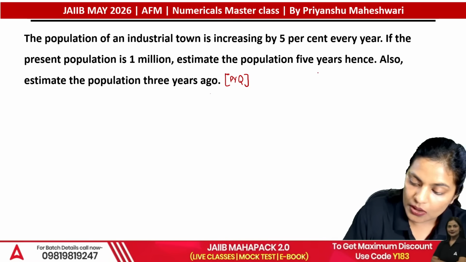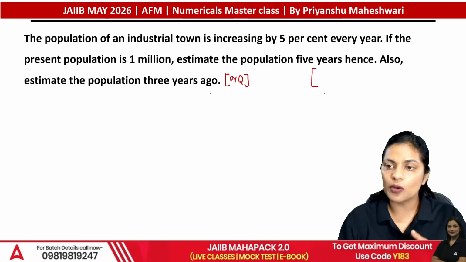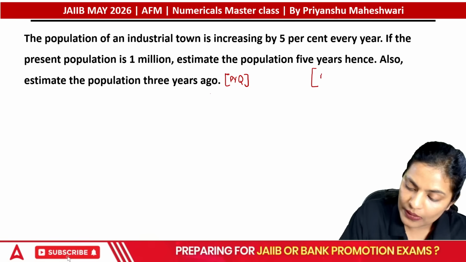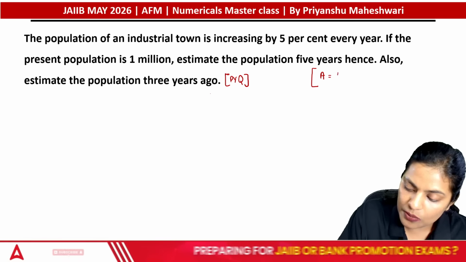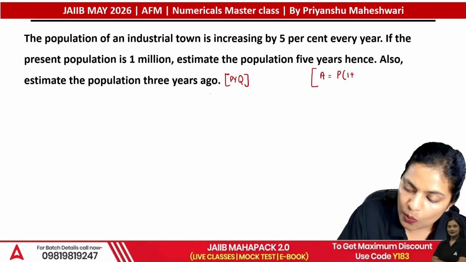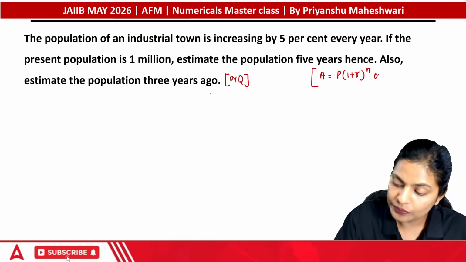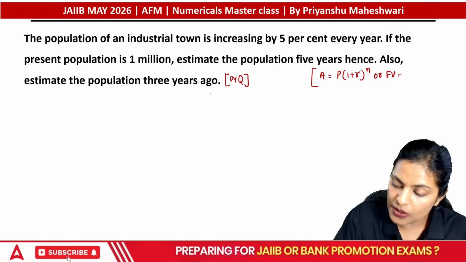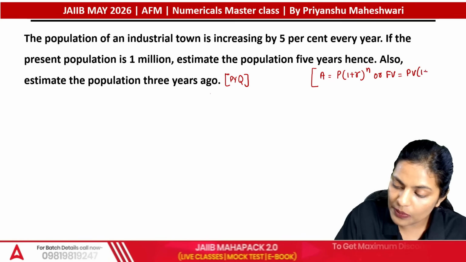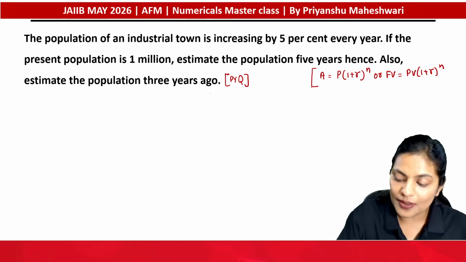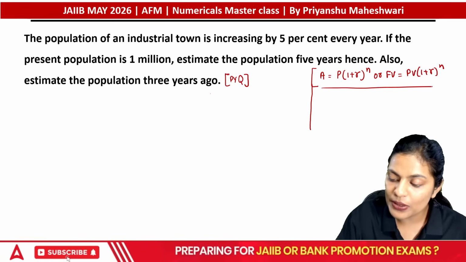Now, the formula of future value, the formula of compounding is the same. Both are the same, right? Amount is equal to principal into 1 plus r power n, and the same is the formula for future value. Future value is equal to present value into 1 plus r power n. The formula for discounting or calculating the present value or the principal amount is the same.